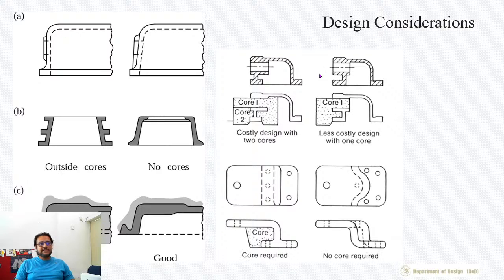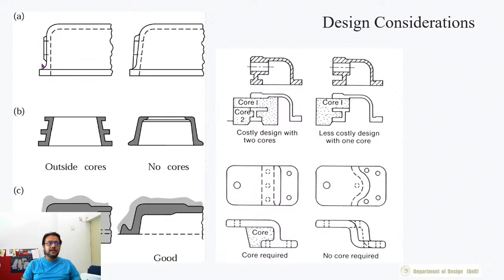These are some of the design considerations you should think about when anything needs to be manufactured with casting, or things like forging and injection molding. The first thing is the minimization of undercut. In this design, there's going to be a hole and a lip.